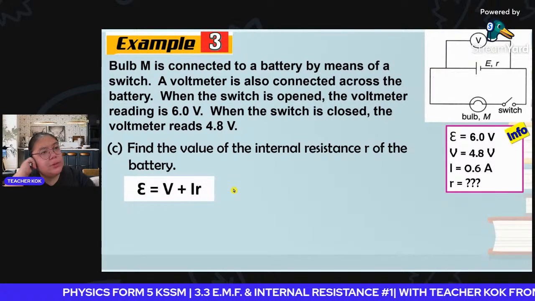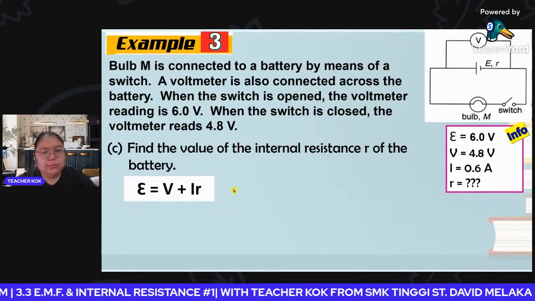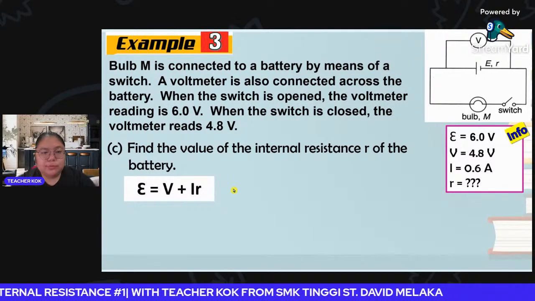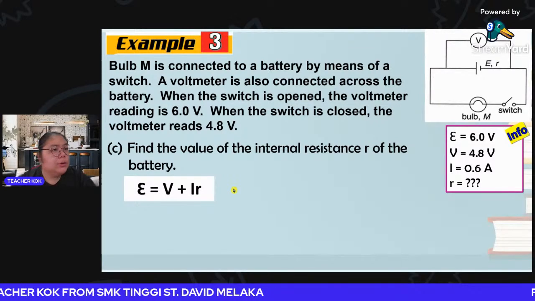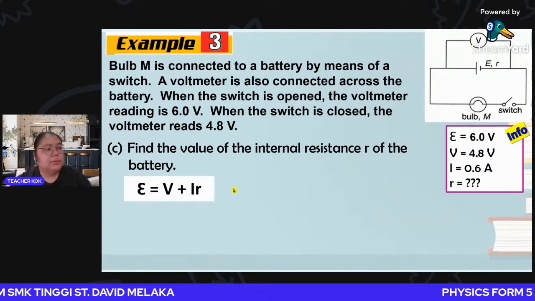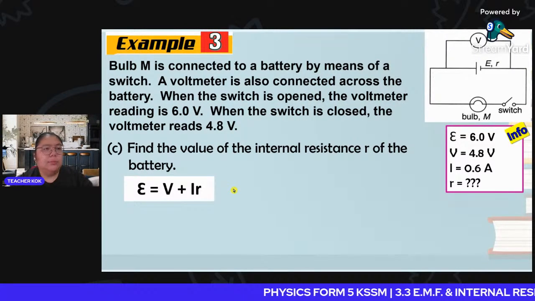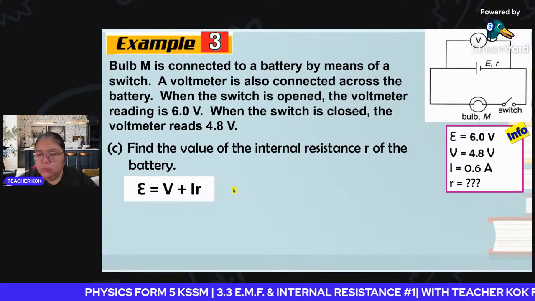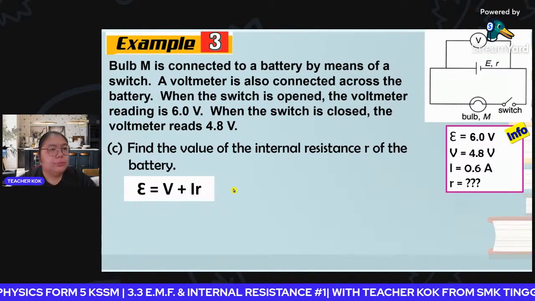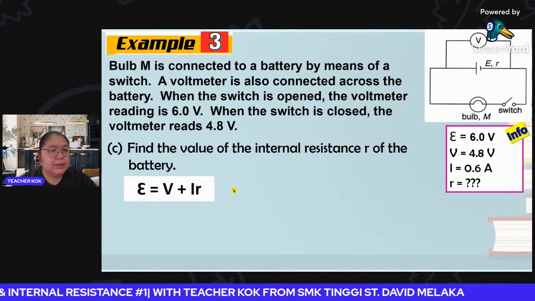Okay, we're going to find out from the student what's the answer for the internal resistance. Okay, anyone? Okay, we wait a while for the student to send the answer here.